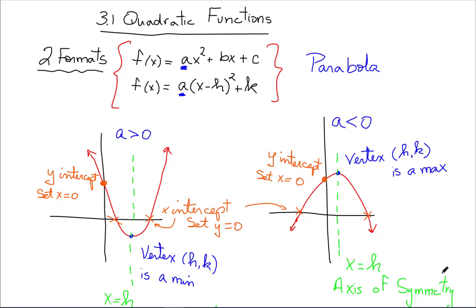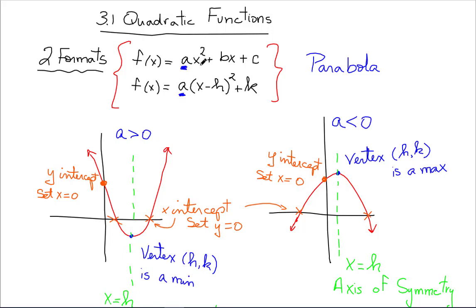Welcome to Math 1314. This is section 3.1 on quadratic functions. Now, quadratic functions can come to us in two different formats. One format looks like ax squared plus bx plus c. Now, the variable here is x.